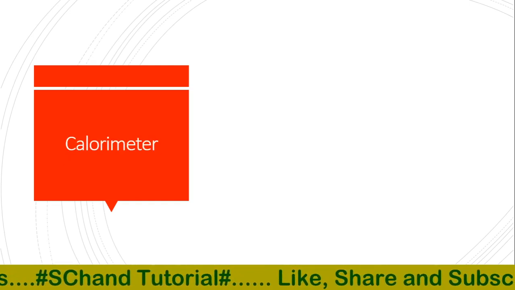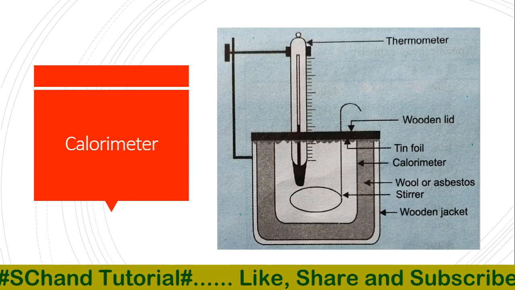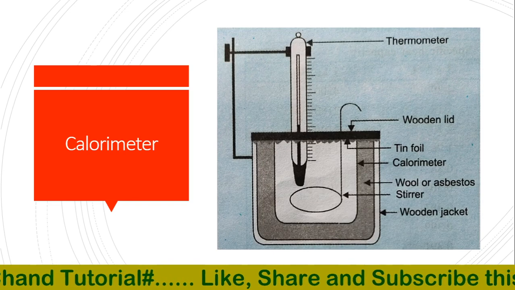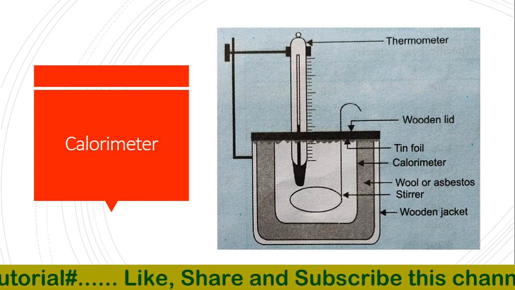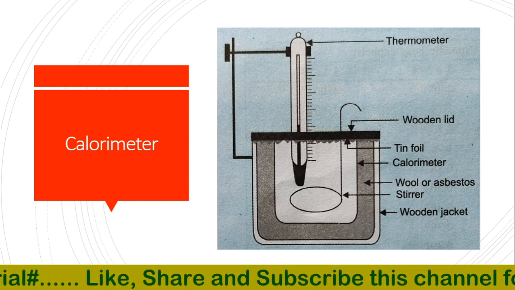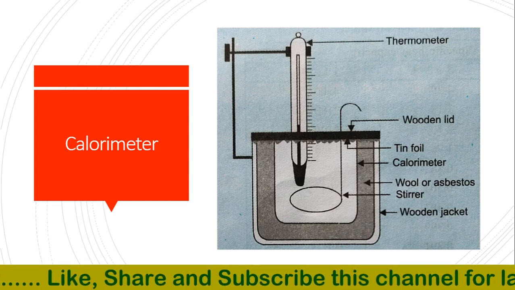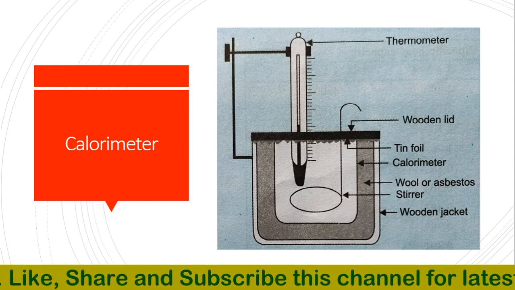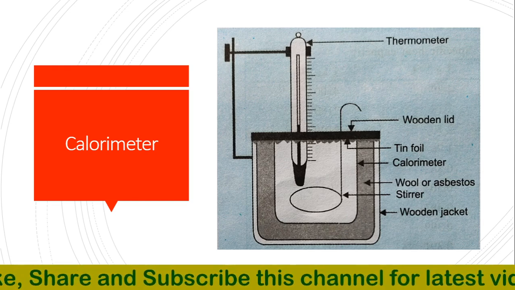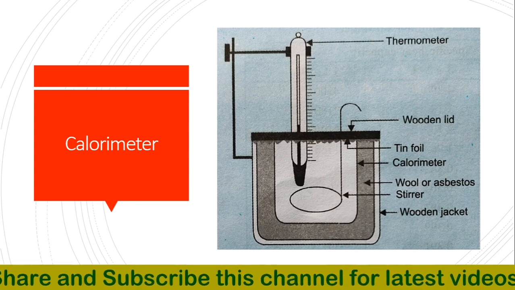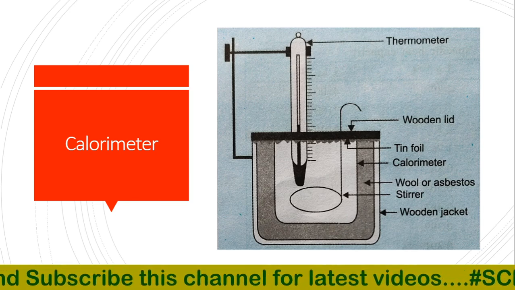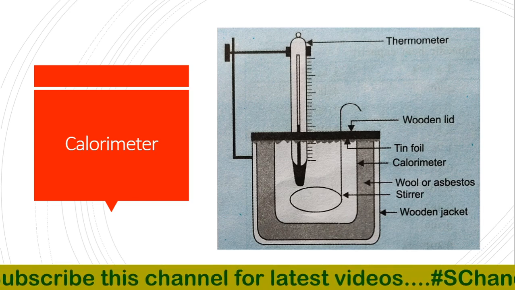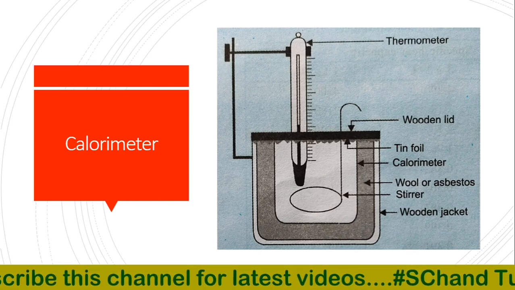Then what is a calorimeter? Calorimeter is a thin cylindrical vessel made of thin sheet of copper, as you can see in the diagram. Its outer and inner surfaces are highly polished so as to prevent the heat loss due to radiation.